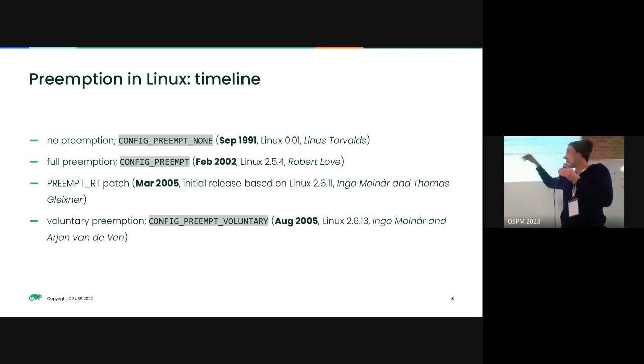Then I also put the birth date of preempt RT, which is not related to preemption flavors, but it's kind of in the same family. I found on the web that 2005 could be a date where preempt RT was first designed, based on 2.6.11 by Ingo and Thomas. 2004, right.